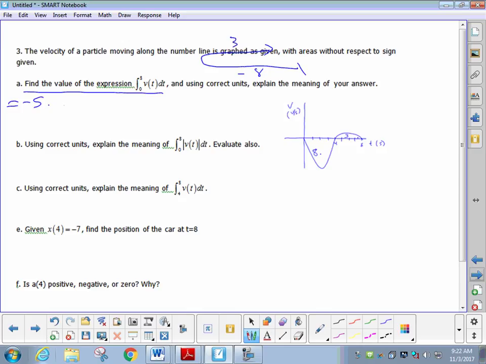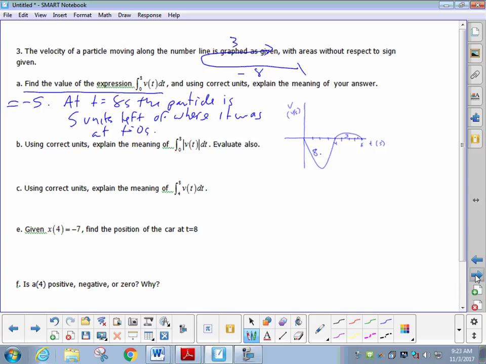You would say at time 8, the particle is 5 units left of where it was at time 0 seconds. I suppose you could also say from time 0 to time 8, the displacement of the particle is 8 units to the left, or -8 units, something like that. Although I think this reads better.